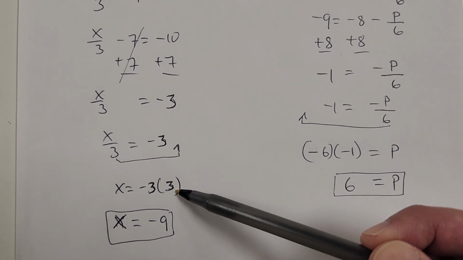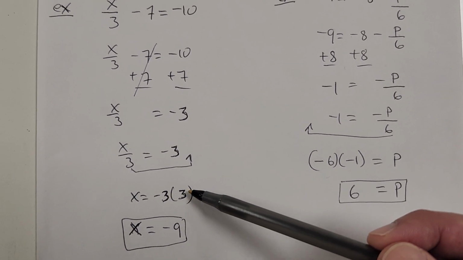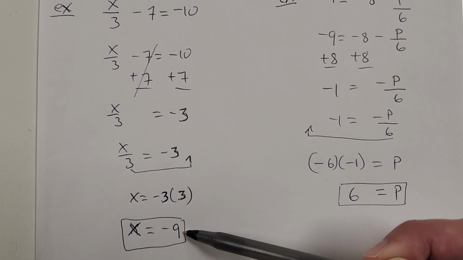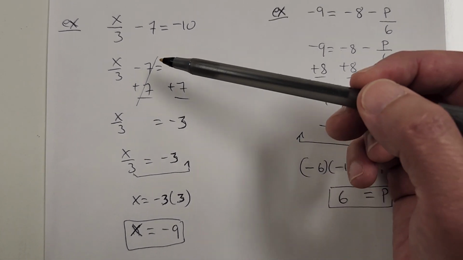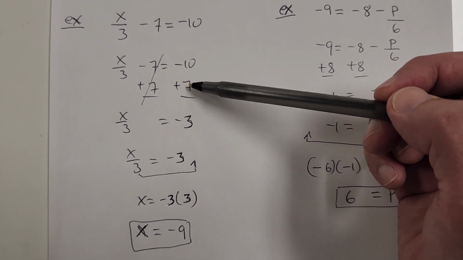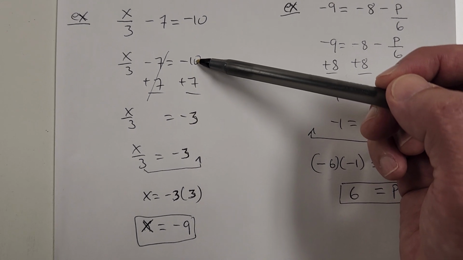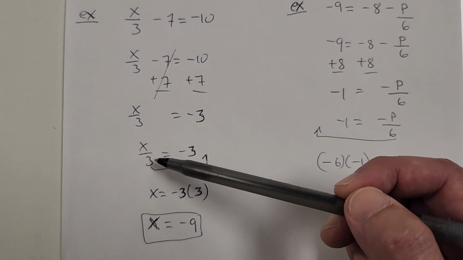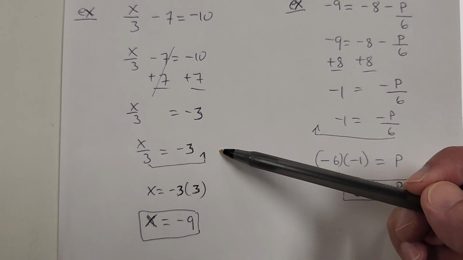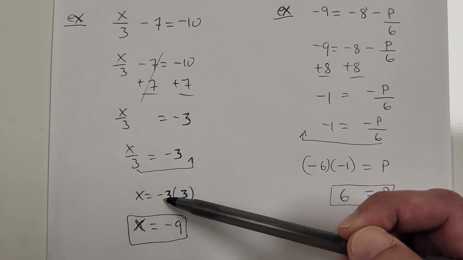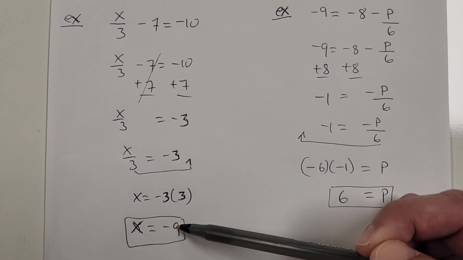So that gives me +3. -3 times 3 gives me -9. Okay, so again, move the -7, make sure it's the opposite, so +7 on both sides, and -10 + 7 gives me -3. When I have a number in the bottom, I move it to the other side and then it becomes multiply. So -3 times 3 is -9.